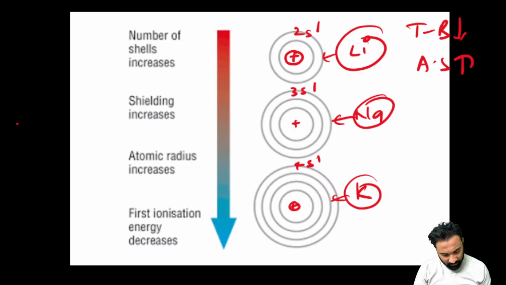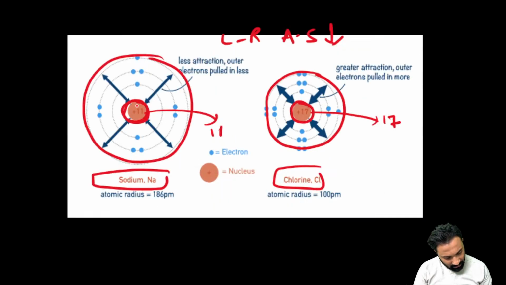Next, you can see across the period, if you cross-check sodium and chlorine, sodium has 11 nuclear charge, and chlorine has 17 nuclear charge.